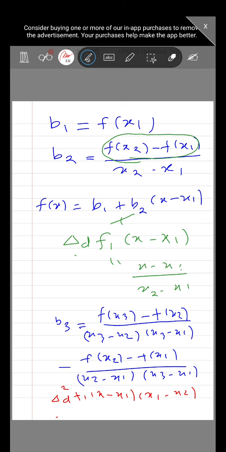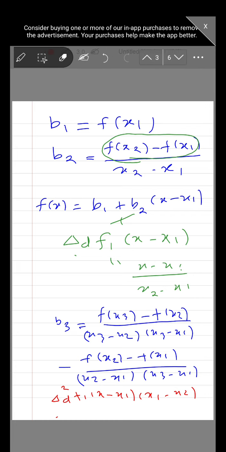So let's now write these divided differences in a tabular form.